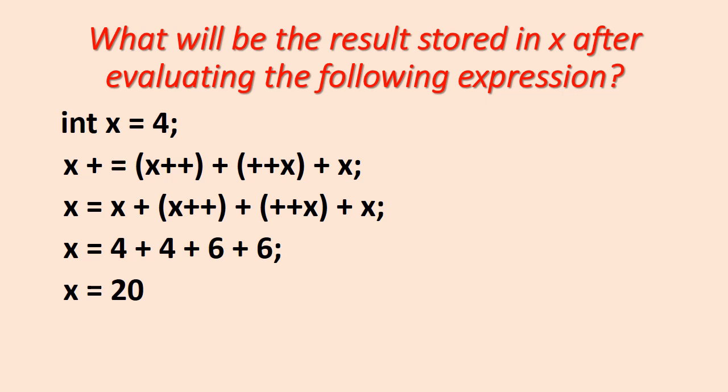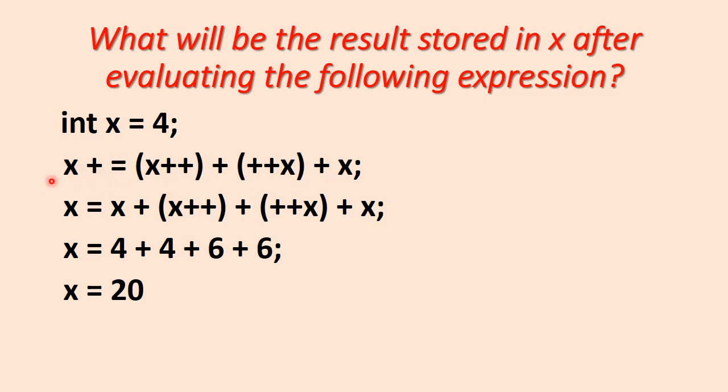Now we will see one more. What will be the result stored in x after evaluating the following expression? Here we have taken one variable x. It is of integer type and its value is 4. Again we will use one shortcut assignment operator. x plus equal to x plus plus plus plus plus x plus x.